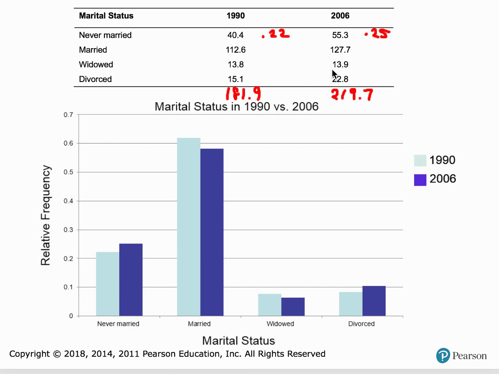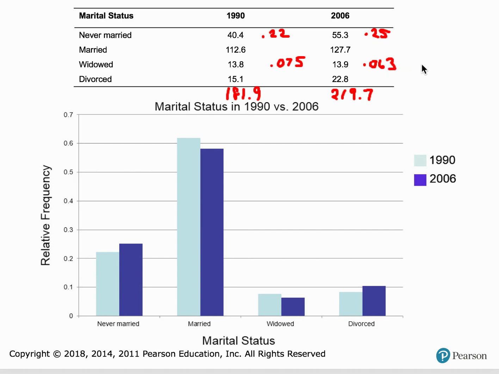Okay, let's do the widowed because the numbers were so close and maybe it'll help us show what we were talking about. 13.8 divided by 181.9 is 0.075, and 13.9 divided by 219.7 is 0.063.